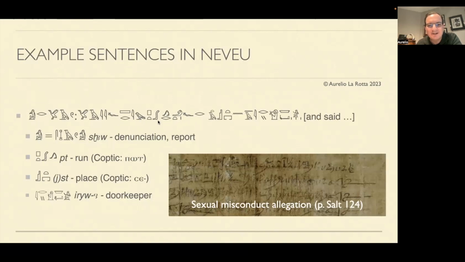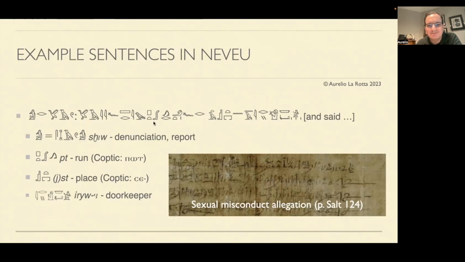So his son did flee or run from him, taset, to the place, set is place, taset, and na iriu a. So these are the doorkeepers. Medina, imagine it like a gated community, sort of. They have doorkeepers who also presumably had some kind of security function.